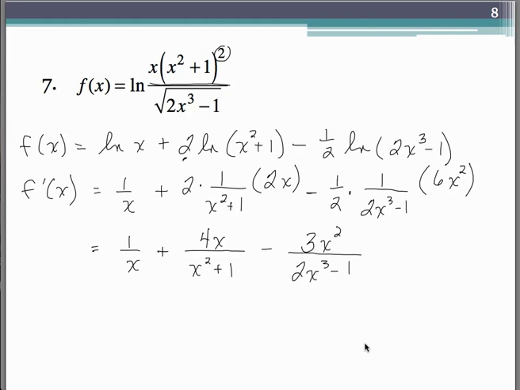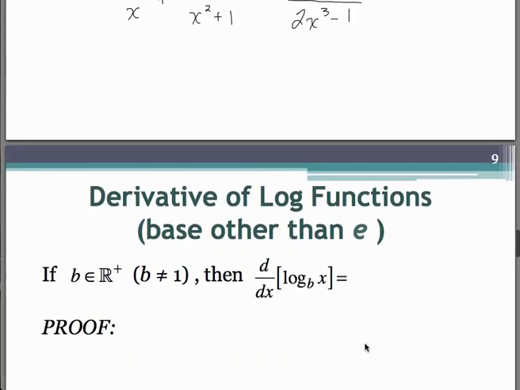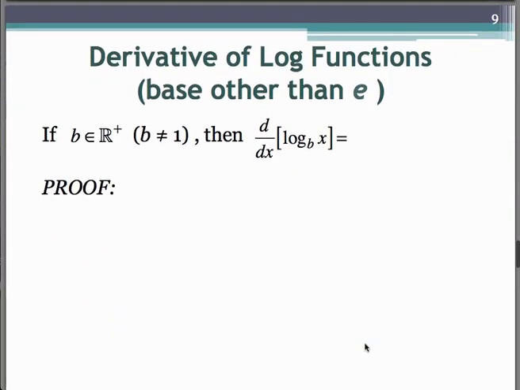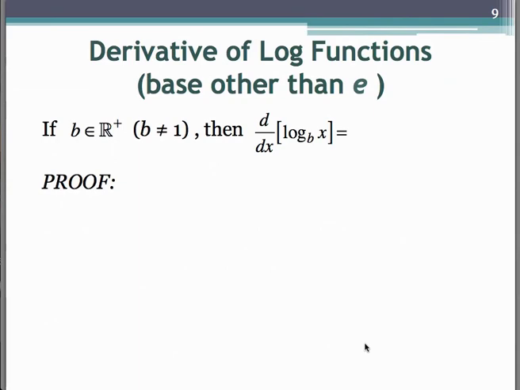So now let's consider, this was all obviously natural log problems. Let's consider the cases in which we have bases other than e. So we're considering finding the derivative of log base b of x. b is a positive real number, cannot equal 1.